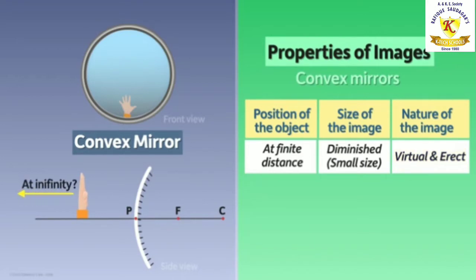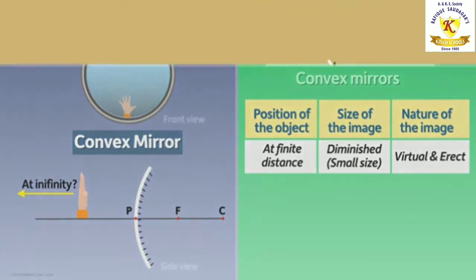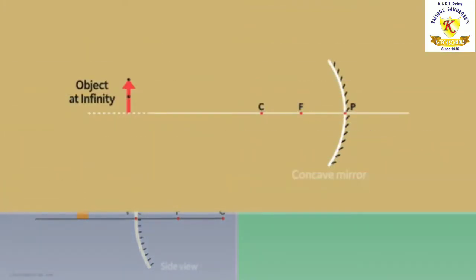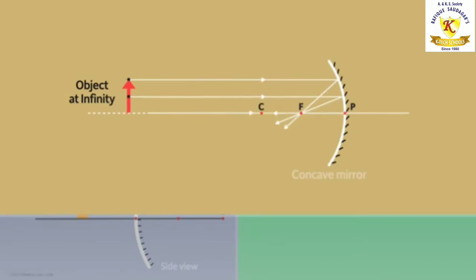Yes. What if the object is infinitely far away? Well, in the case of a concave mirror, when the object was infinitely far away, the image was formed at a single point. It was a real, point-sized and highly diminished image.